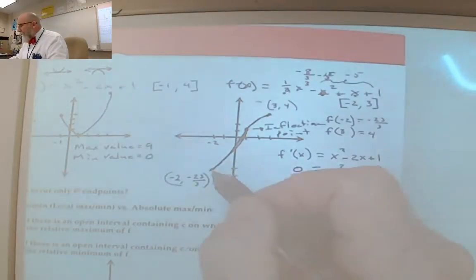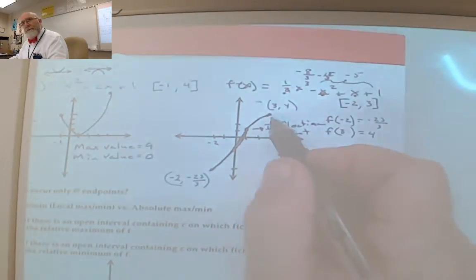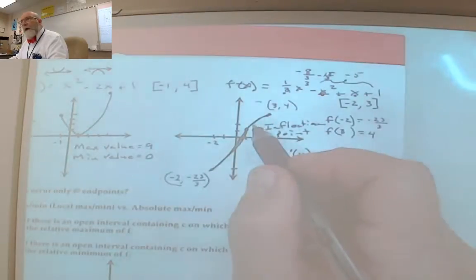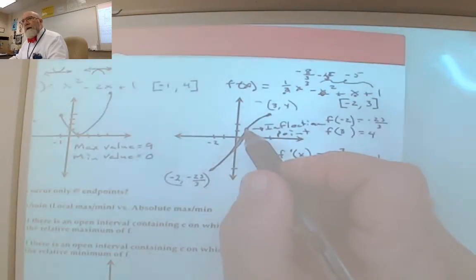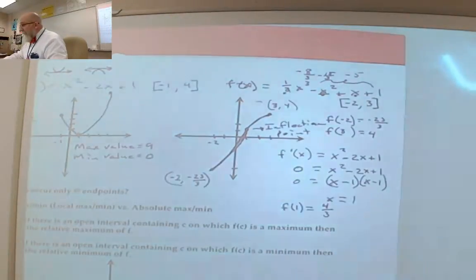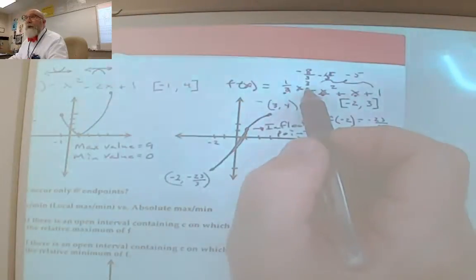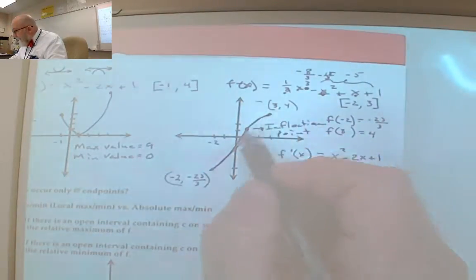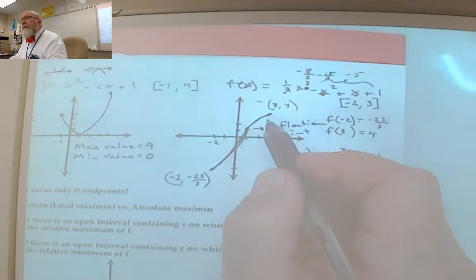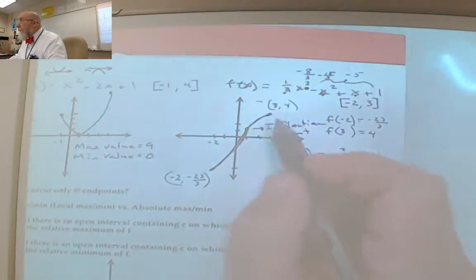You go from one type of concavity to another. It is not an extrema. They happen a lot of times with odd functions, and this is a cubic, it's an odd function. So it exists within the interval, but it's not a maximum or a minimum.